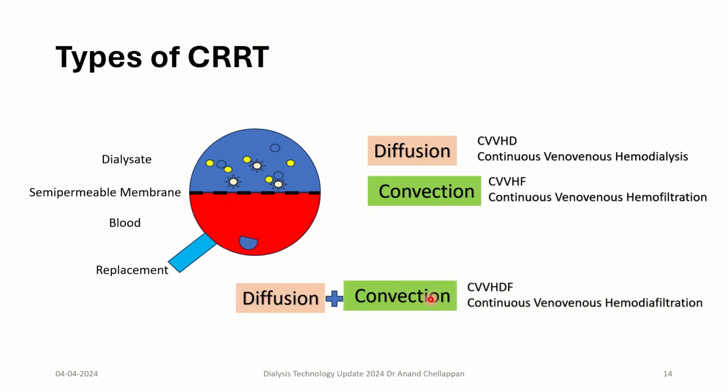When a combination of both is operative, that is, there is both diffusion as well as convection happening, then it is called CVVHDF, that is continuous veno-venous hemodiafiltration. Now this is the basis of these terms CVVHD, CVVHF, CVVHDF. I hope all of you can understand the mechanisms of dialysis operative in each of these types of CRRT.